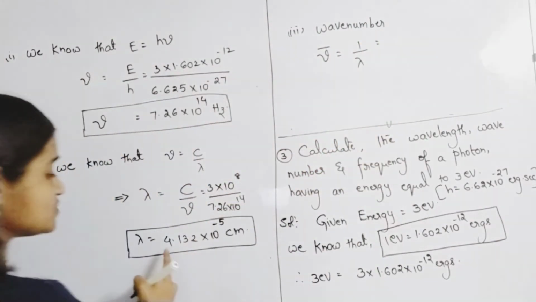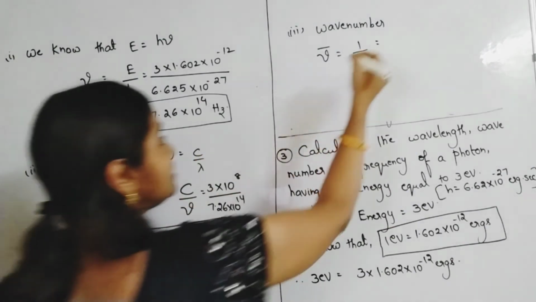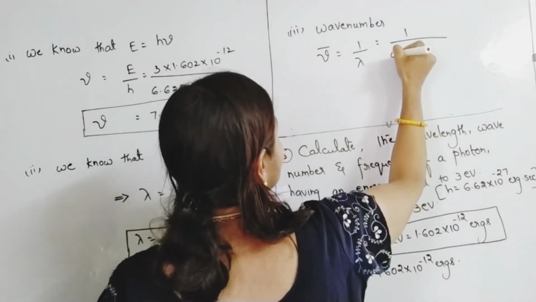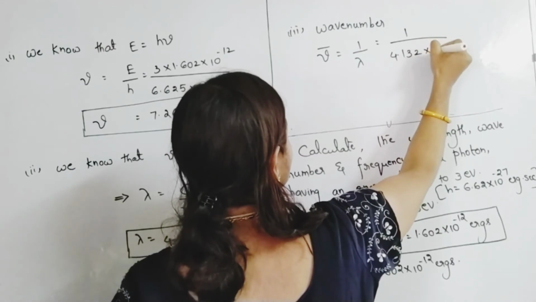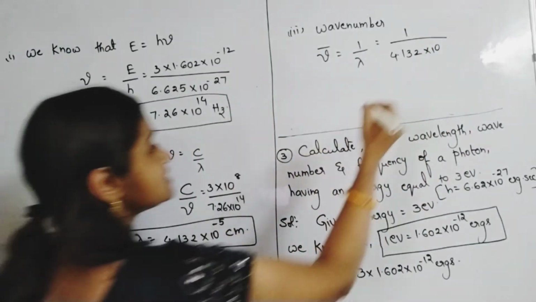Here lambda we got 4.132 into 10 to the power of minus 5 centimeters. So nu bar is 1 by 4.132 into 10 to the power of minus 5 centimeters.